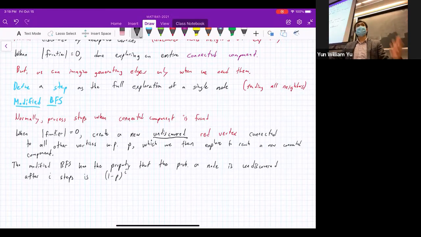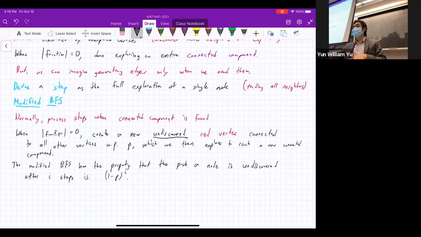Why is that? Because each step is an exploration of a single node, right? So at each step, you're asking from that node, can I reach every one of these other nodes? If some node is still undiscovered after i steps, that means that in each of the previous steps, you've asked, is it connected to that node you were exploring? And the answer to that has been no.